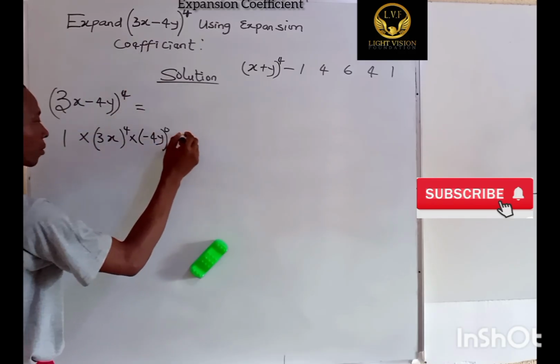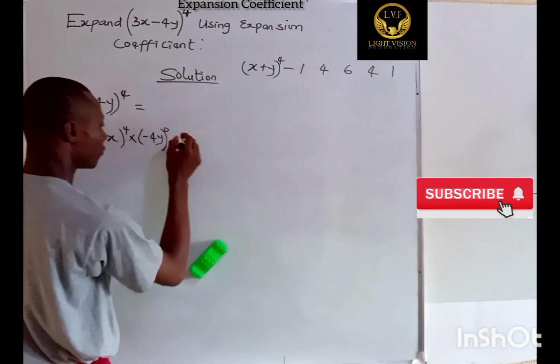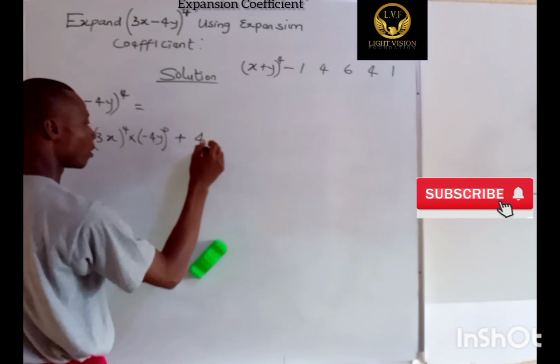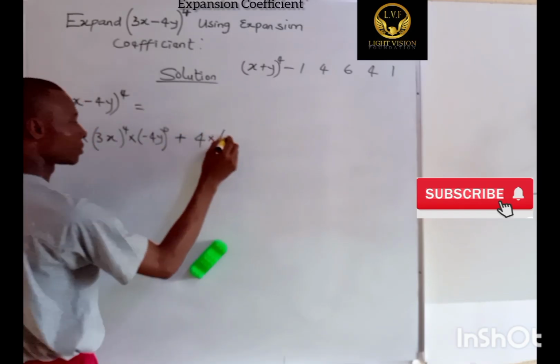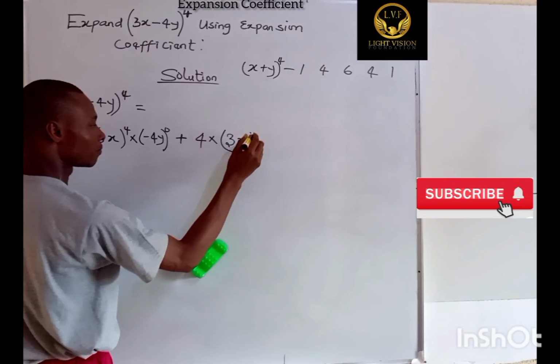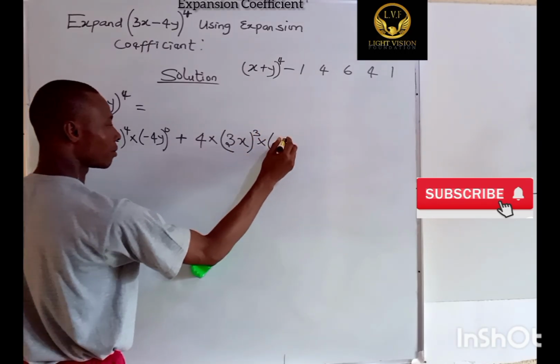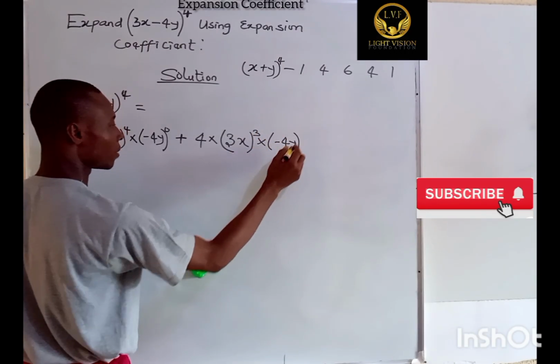Now we use the second coefficient, 4, times (3x)^3 times (−4y)^1.